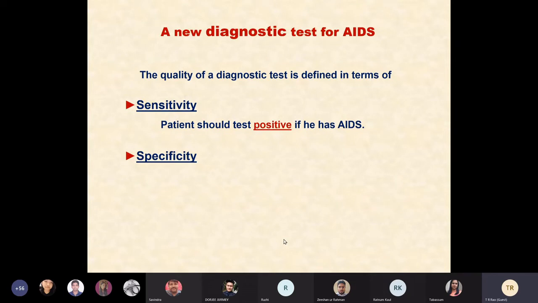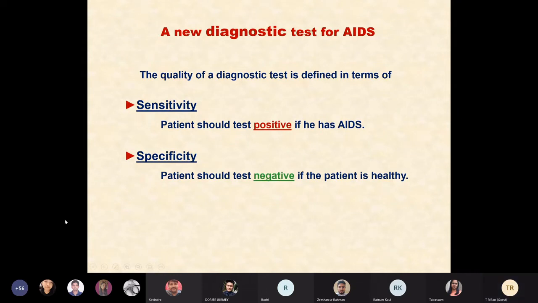You can replace AIDS with COVID. Specificity means he should test negative if the patient is healthy. These are the important things when you come up with a test for diagnosing AIDS, COVID, whatever.